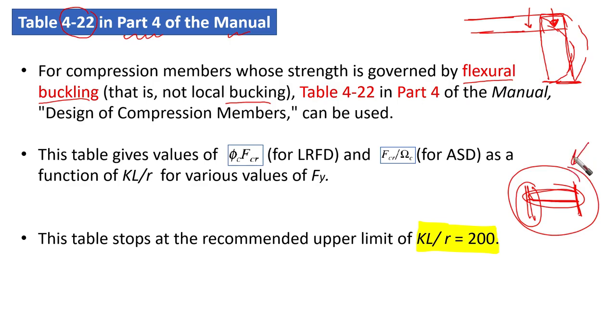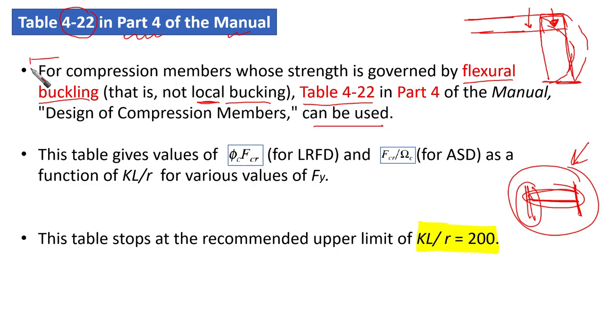So it will have another procedure in order to design this type of members. So we are talking about flexural buckling, that is not local buckling at all, and Table 4-22 in Part 4 of the manual, which is titled Design of Compression Members, can be used in this case.